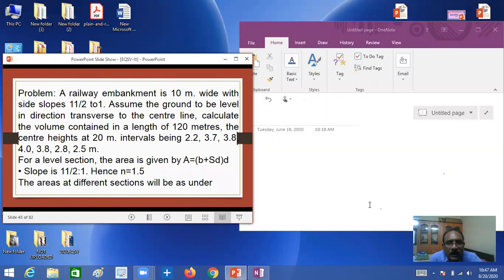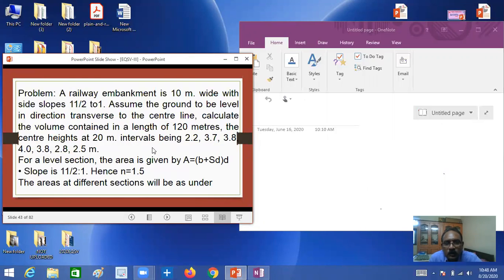Assume the ground level to be level in the direction transverse to the center line. We are assuming that the ground level is the same. Generally, on the earth there is definitely a slope, but here we assume a uniform ground level.